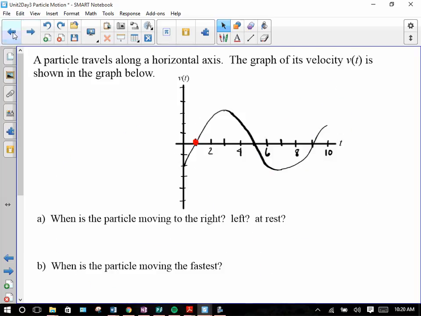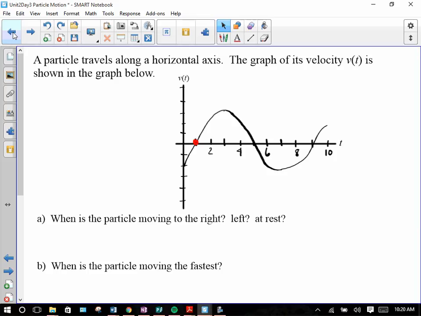Is our velocity function positive right here? Everyone gets positive. Okay. So right here, our velocity is positive, which means that our particle is moving to the right. Stay positive. So it's moving right. Still moving to the right, still moving to the right.